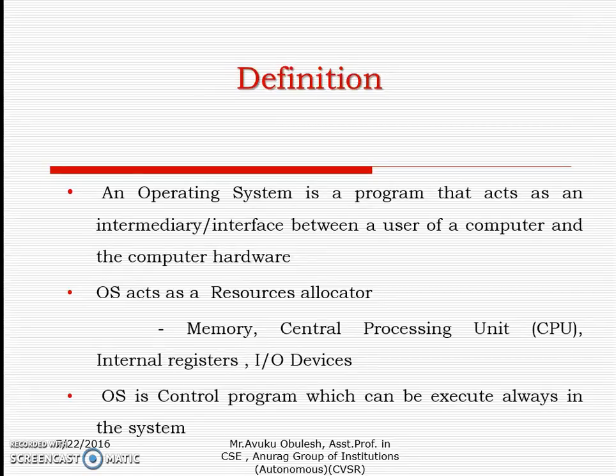All these resources are allocated by operating system. That's why we can say operating system is a resource allocator. Third one is operating system also acts as a control program which is always executing in the computer system.